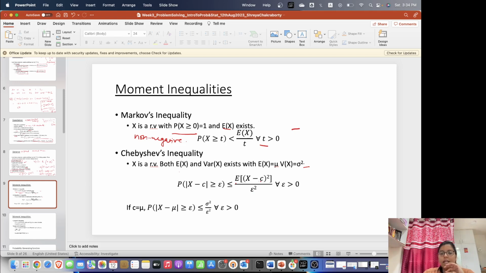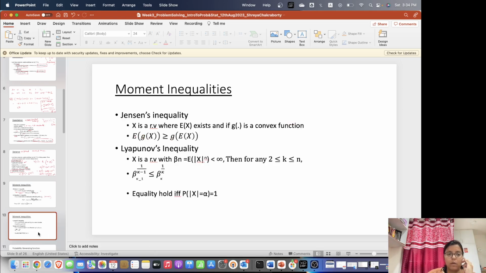And as a special case, if c equals mu, then we would have probability of |x minus mu| greater than or equal to epsilon less than or equal to sigma square by epsilon square. How sigma square? Because if we replace c by mu, then this is by definition the variance, and we have assumed the variance to be sigma square, which is known. Okay, so this is Chebyshev's inequality.